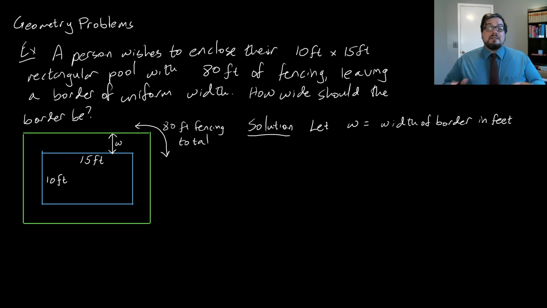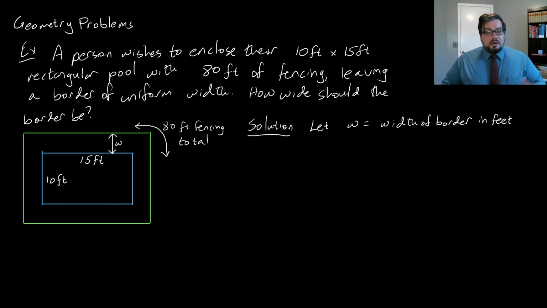In fact, if a problem gives you quantities in some units in one place and a different set of units in another place for the same type of quantity, you're going to want to convert all of that to one or the other. You just want to work with one type of unit for each type of quantity as you work through. So in this case, all of our lengths are being measured using feet, so our variable should be measured using feet as well.